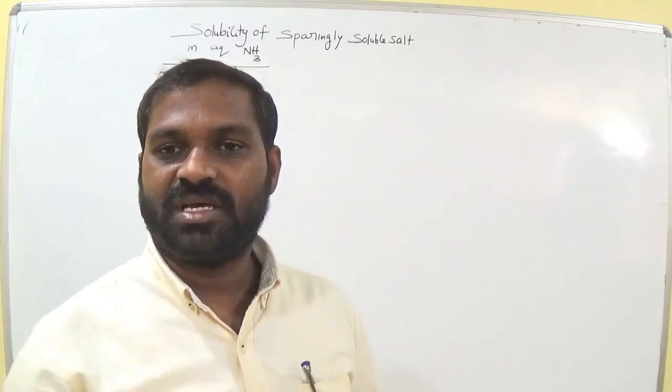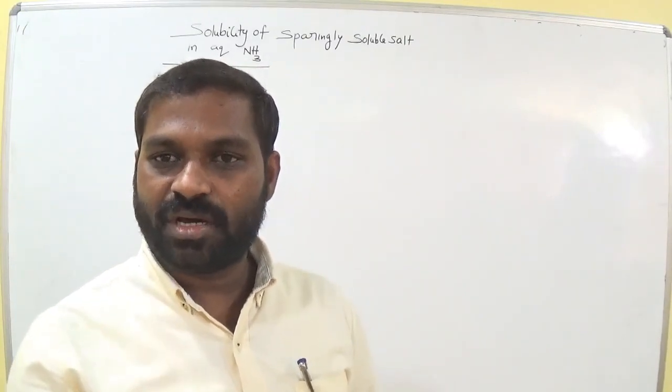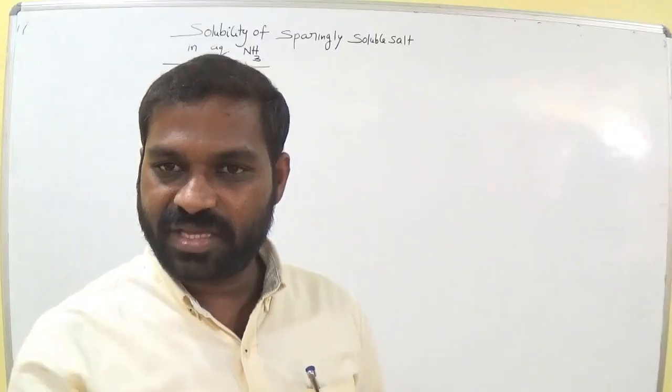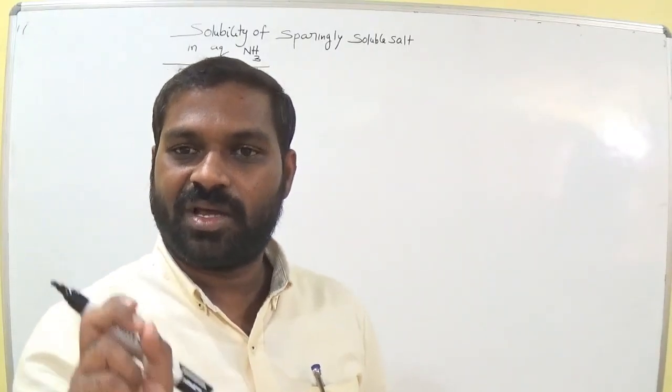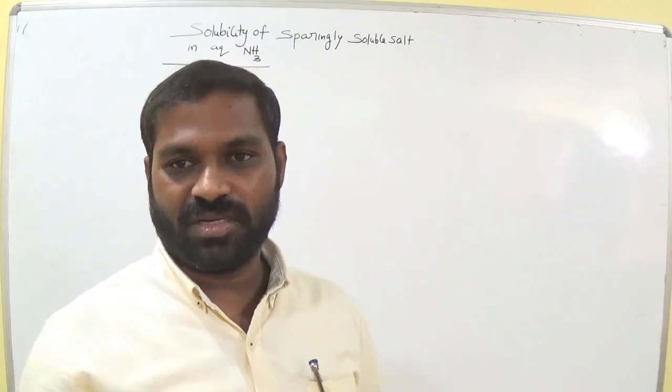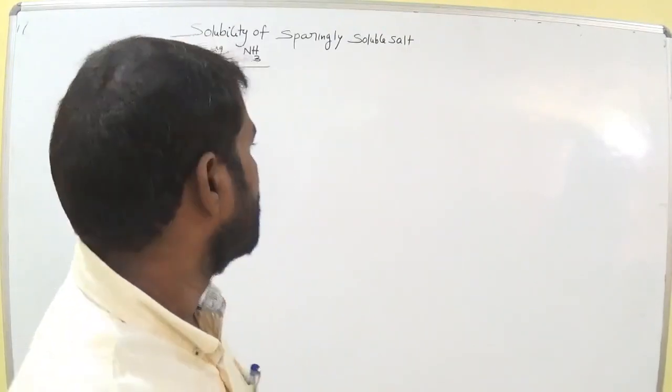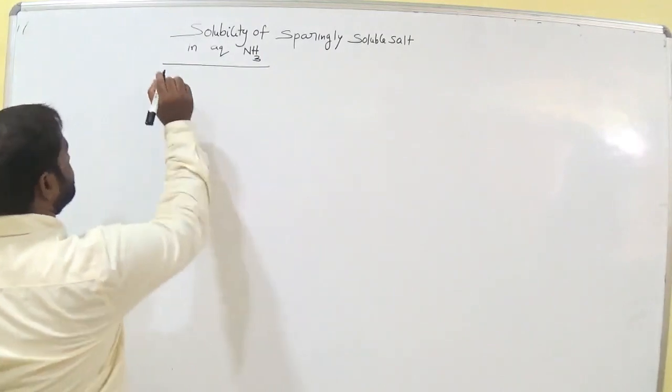Why? Because that sparingly soluble salt makes a complex with ammonia. Complex means it forms ions, and ions are easily soluble. Okay, let's see the concept.